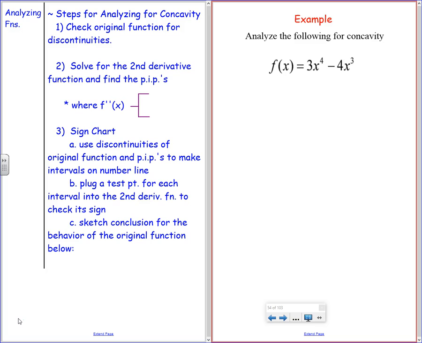I think I have that derivative ready. Oh, well, that's the first derivative.